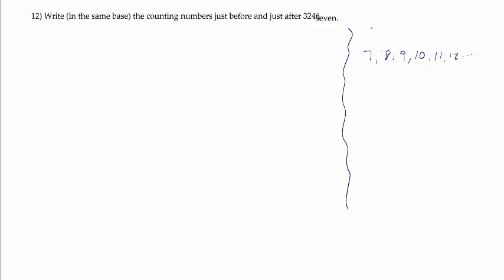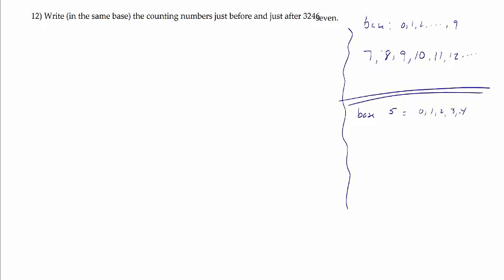Well, it's the same thing with other bases. In base 10, our digits are 0, 1, 2, all the way up through 9, and then we stop. If I am in base 5, then the only digits I can use are 0, 1, 2, 3, and 4. Once I get to 4, I stop. I no longer have a single digit that'll represent a numeral.